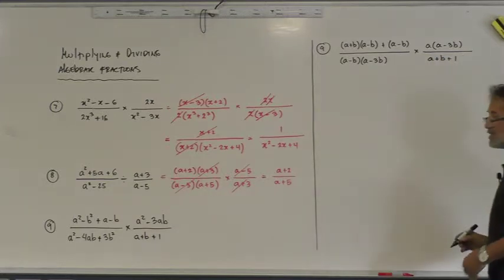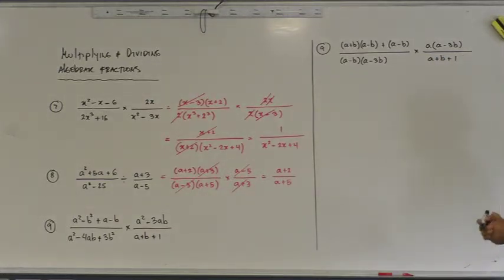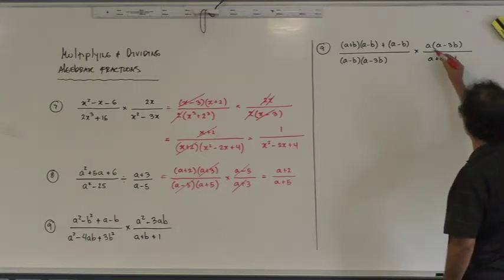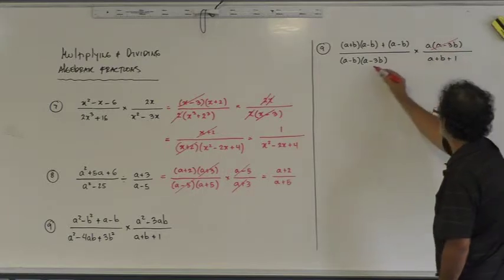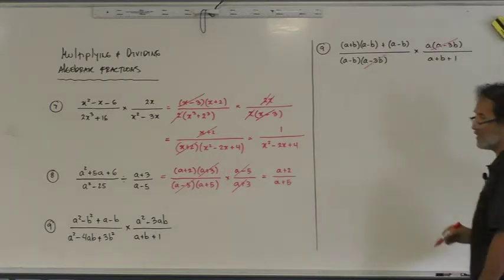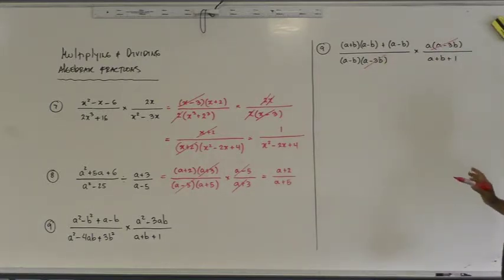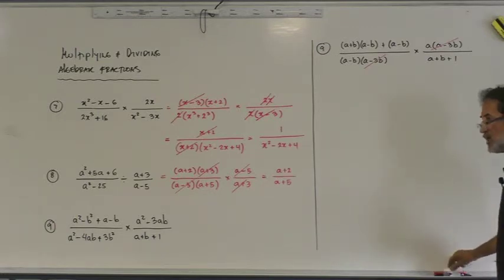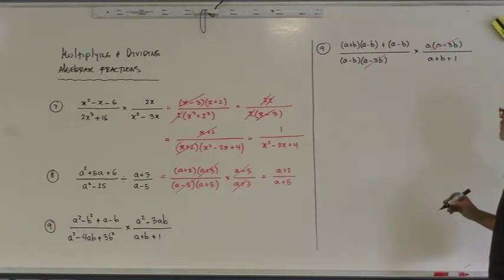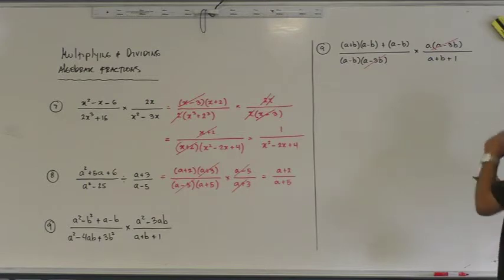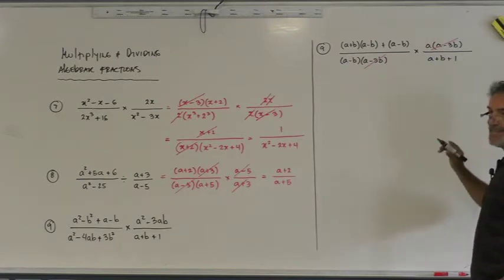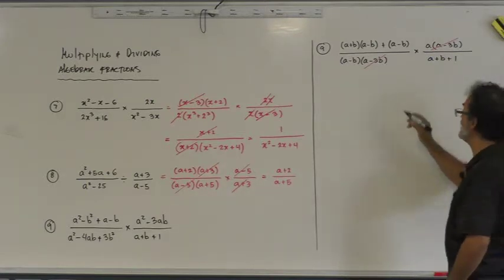Now let's see what we can simplify so far. Can you see that we can simplify this with that one? And that's it. We cannot simplify anymore. Not yet. Let me show you something.